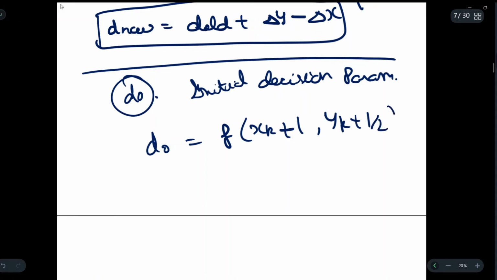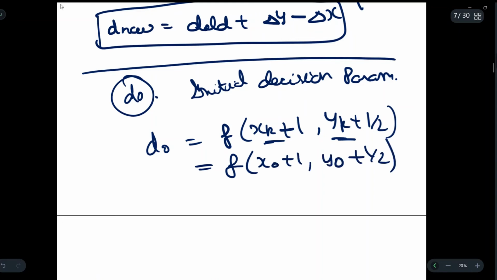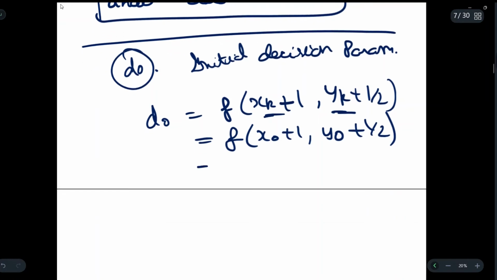That is simply the midpoint. Now let us substitute xk and yk as x naught plus 1 and y naught plus half. Now we will substitute this in the equation of f, that is a into x naught plus 1 plus b into y naught plus half plus c.